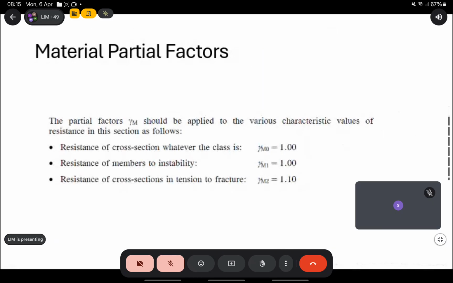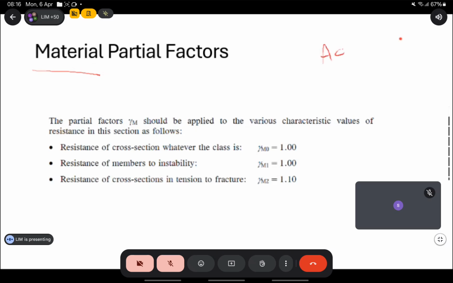Next, before you design beams, you have this thing called material partial safety factors. Now, partial safety factors, there are two. There are ones for material, and there are also ones for the action.